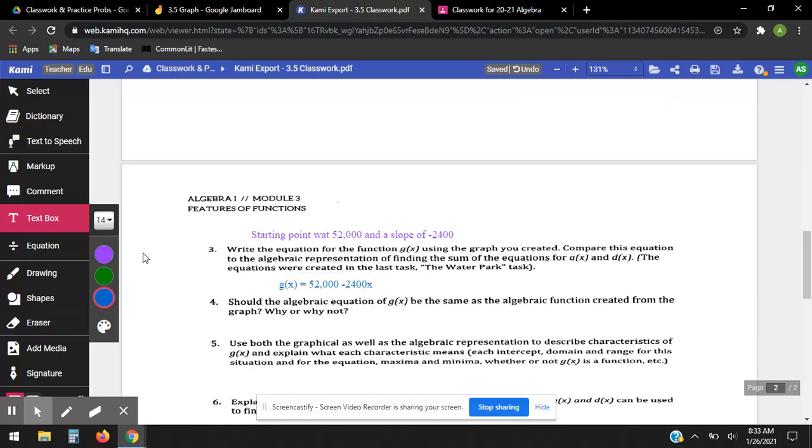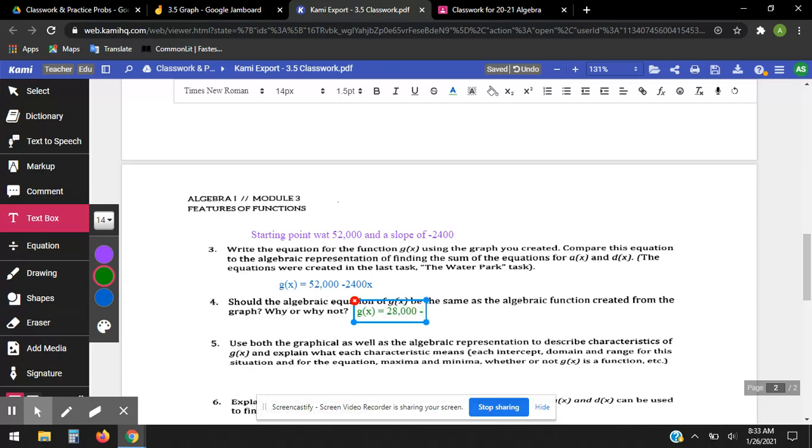Let's see how that compares to the algebraic way of finding this. The algebraic way would say G of x equals A of x plus D of x. My A of x was 28,000 minus 1,400x, plus my D of x, which is 24,000 minus 1,000x.